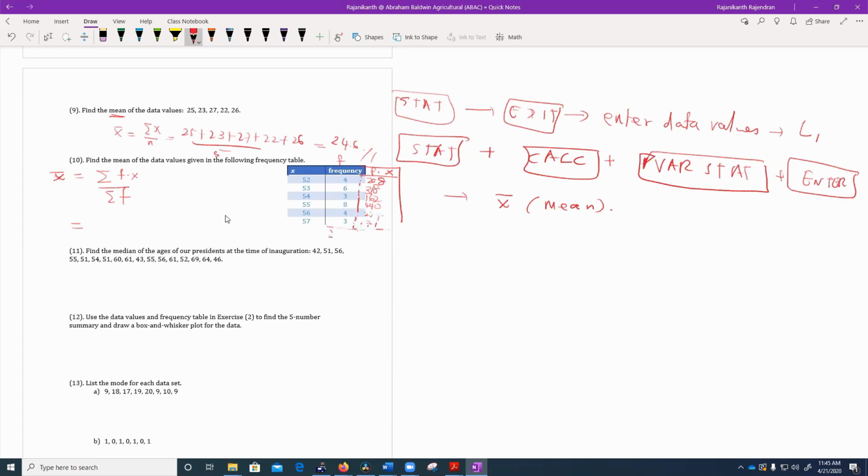Now find the summation f and the summation fx. Summation f is simply adding all the frequencies: 10, 13, 21, 25, 28. Now add these numbers.